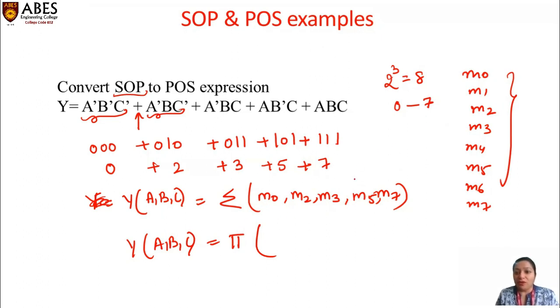So those which are missing in this min term expression will be part of the max term expression, right? So M0 is there, M1, M2 is there, M3, now M4 will be here, M5 is there, M6, M7 is already there. So these will be the max terms.